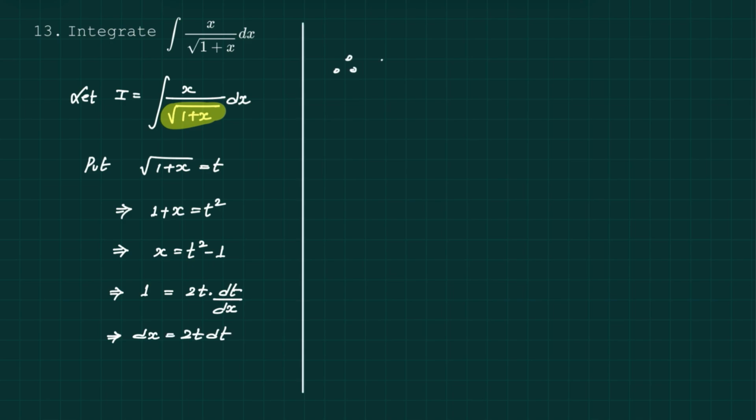Therefore, I equals the integration of, instead of this x I will write t square minus 1 from here. So it will be t square minus 1 divided by square root of 1 plus x, which is t, and instead of this dx I'll write 2t dt. So it will be 2t into dt.